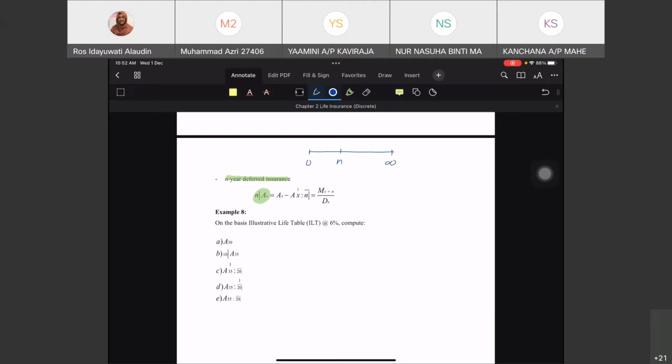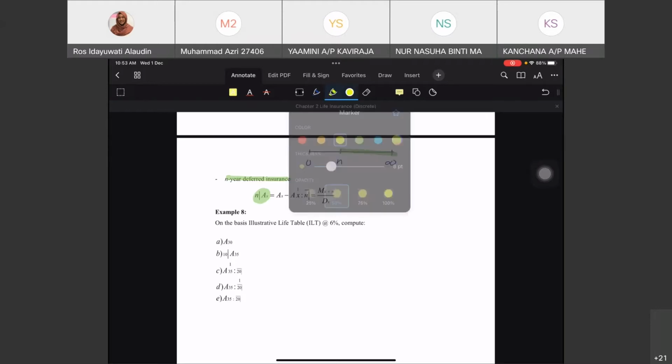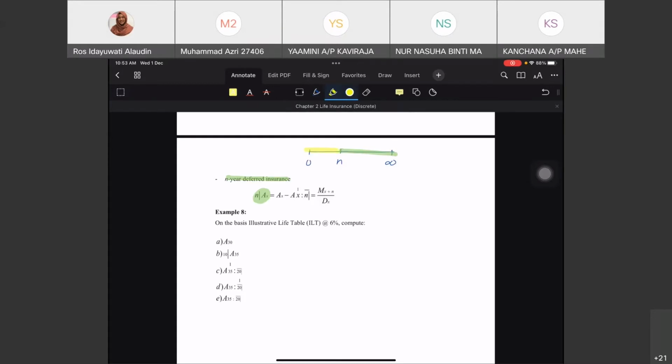So the benefit will be paid after the n years.